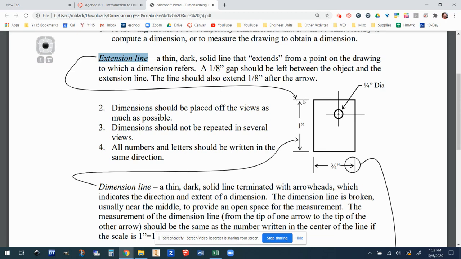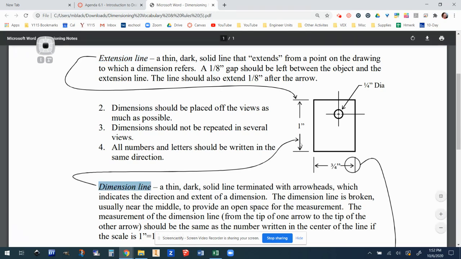And putting an extension line here and here, as well as dimension lines, which are these arrows, we are telling us that we are measuring, or the dimension refers to this line here to this line here, that distance, okay, which is the same as top to bottom.